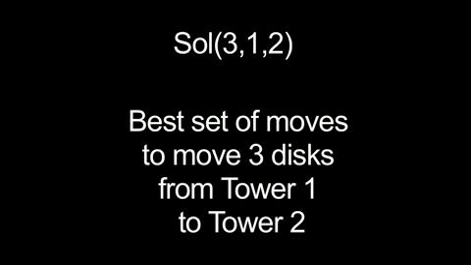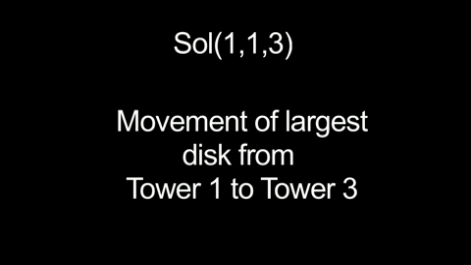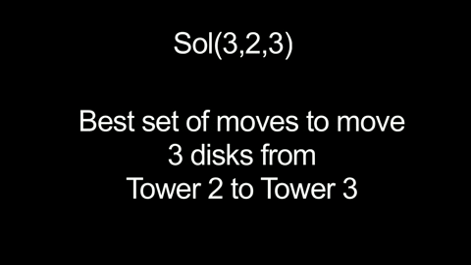That's an intermediate move that clears the way to move the largest disk from its original location to its final location, the rightmost tower, tower 3. Okay, so that's the solution 1, 1, 3, plus, again, the solution for a 3-disk problem moving from tower 2, the intermediate tower, over to tower 3.